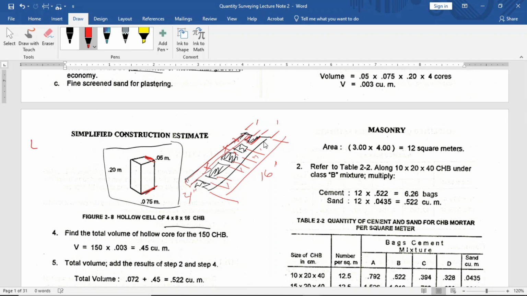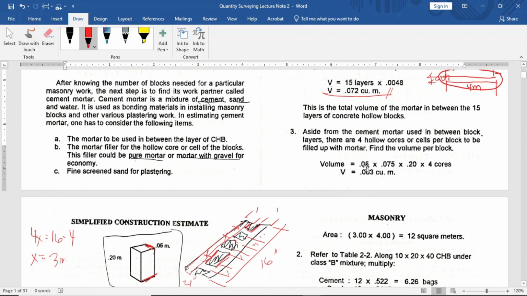So, total is 4x is equal to 16 inches minus 4. Ang x natin is 3 inches. So, yung length nito is 3 inches. Convert lang natin into meters. So, 3 inches is equal to 0.75 meters. So, yun yung paano natin nakuha ang mga dimension ng hollow cores natin.